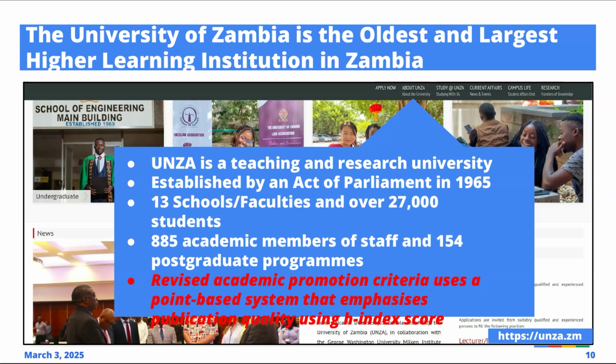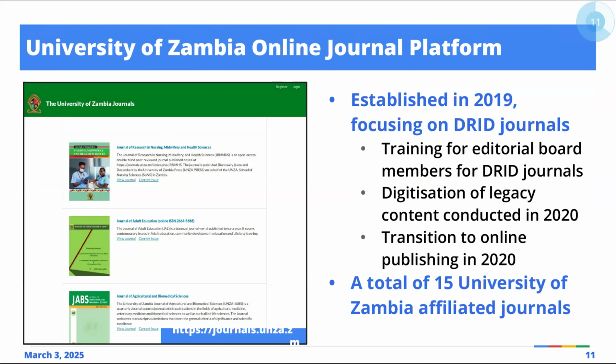What's particularly interesting about the research component is that there's an emphasis on the quality of publications. And so before you are promoted, they'll look at the H-index score, for instance. The interesting thing about the revision of the promotion criteria is it resulted in the increase in the number of journals that are affiliated with the UNZA.